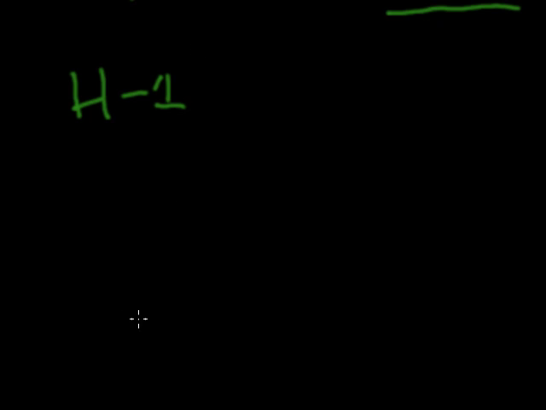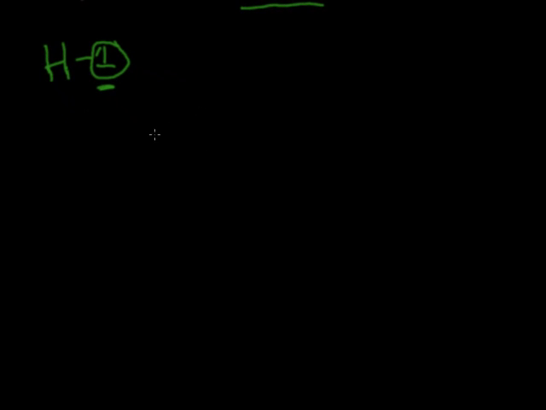What does this mean? Well, it means that the element is hydrogen, so it has atomic number 1, but it's also got an atomic weight of 1. So how can you have atomic number 1 and atomic weight of 1? Well, just very quickly, atomic number is the number of protons, so it's got 1 proton, and its total weight is 1, which means that it's got nothing extra, so it's got 0 neutrons.